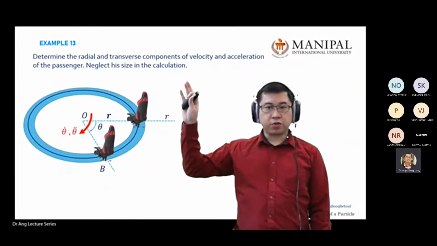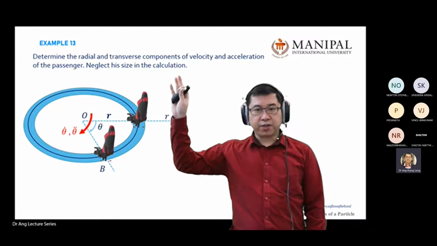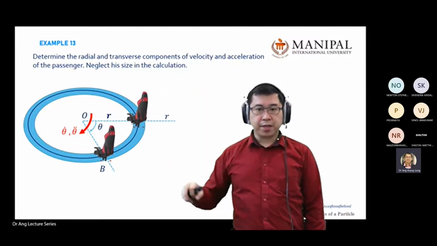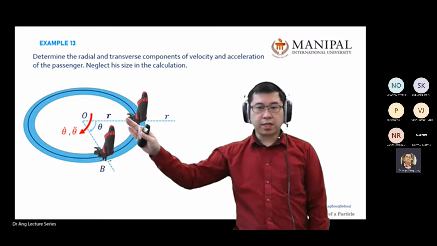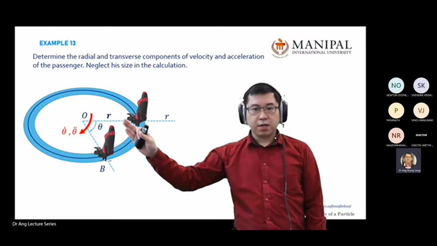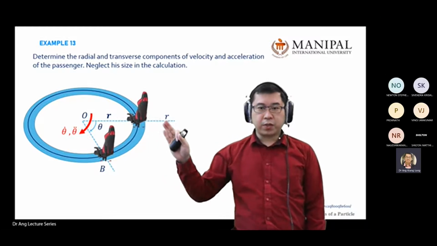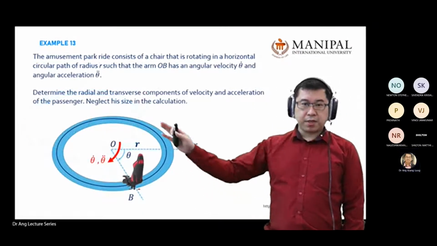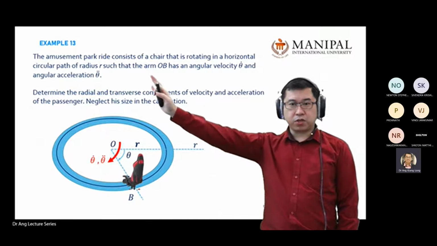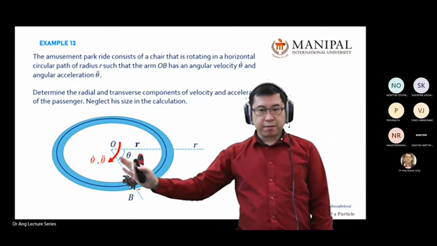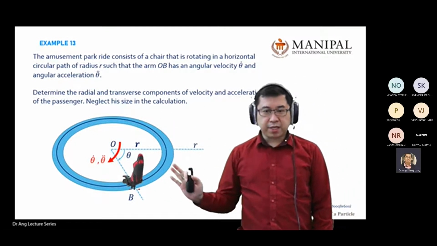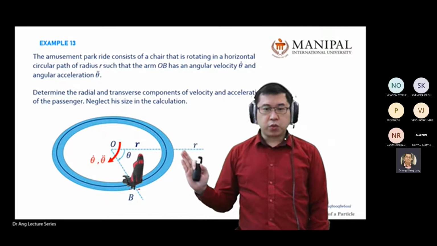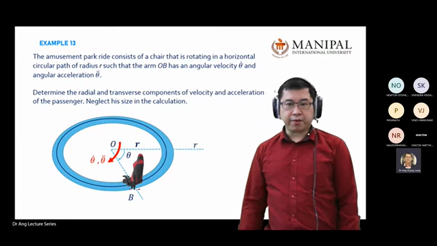So the question asks us to determine the radial and transverse components of velocity and acceleration. In this case, there is no vector that gives you a value here. So if you see this kind of question, where the statement has no values inside, it means you are expected to derive the equation from the diagram.